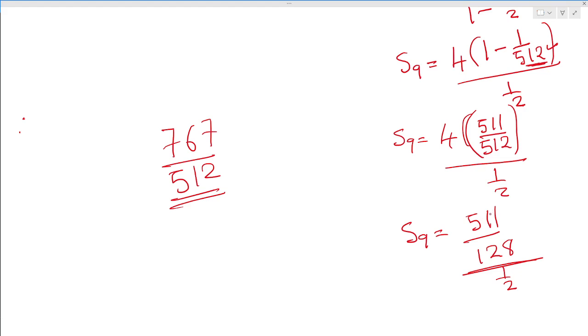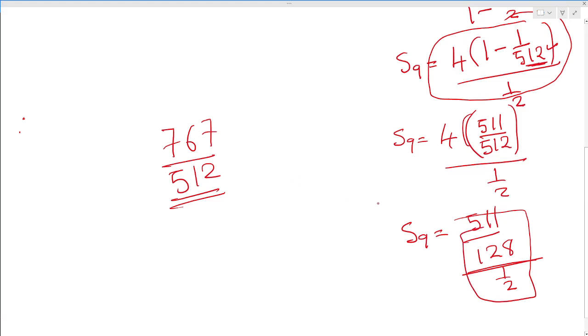So now the pressure comes. In fact, just when you start here, students start having issues. By the time they get here, they're confused. What are they looking at? 511 over 128 over 1 over 2, it doesn't make sense. But you just need to take it as is: this is one fraction. Up here, 511 over 128 is one fraction divided by the other fraction.